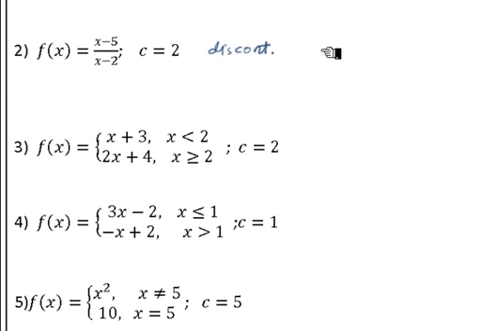Well, the limit as x goes to 2 of x minus 5 over x minus 2 is either infinity or minus infinity, depending on if we're approaching from the left or from the right. So this limit does not exist because it's an infinite limit. So this is not removable.